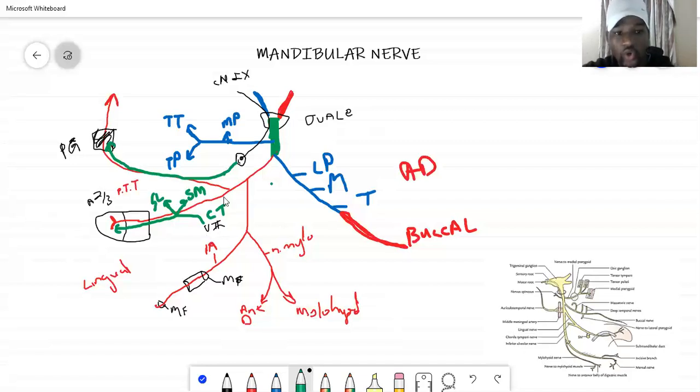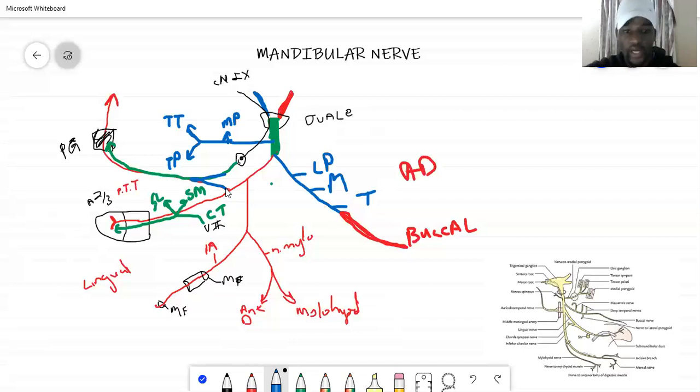And then your auriculotemporal has two roots, as you can see here. It has this superior root, and then it has this inferior root, right? So if they ask you how many roots it has, it is the superior and the inferior root. It will be easier for you to understand if you understood this diagram of mine here.